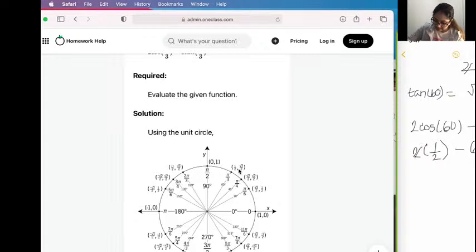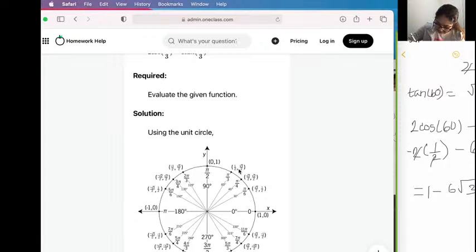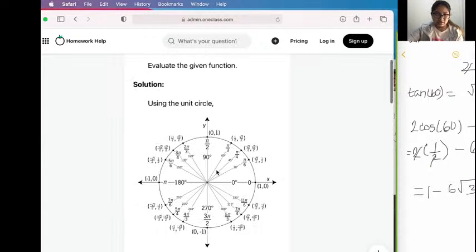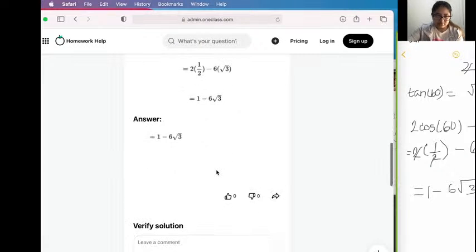So the answer over here is 1 minus 6 root 3. And yes, this is the answer we get.